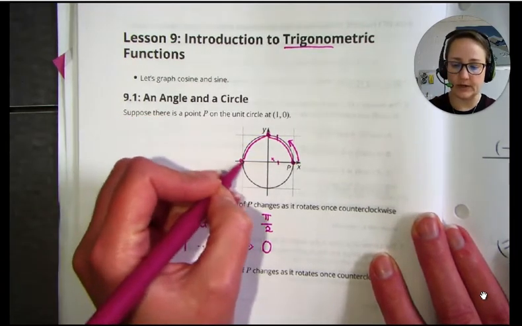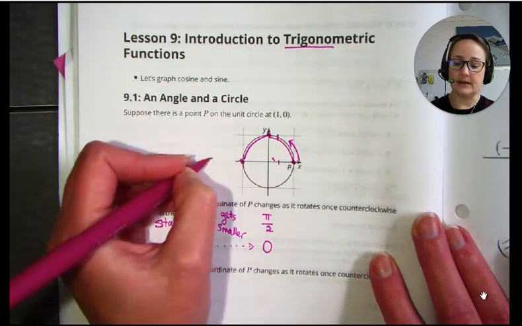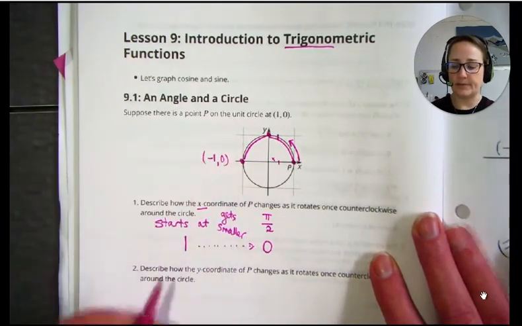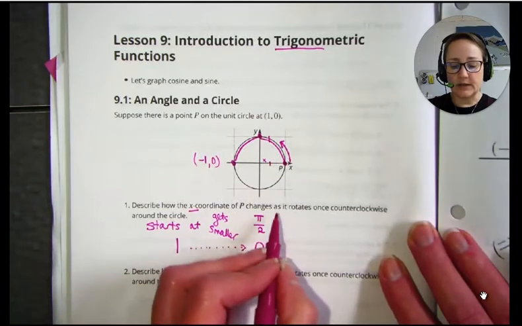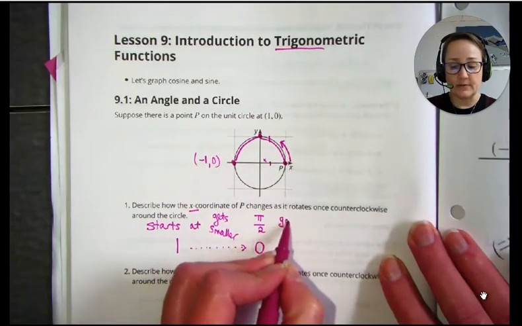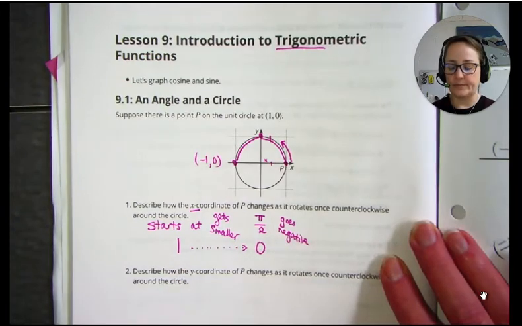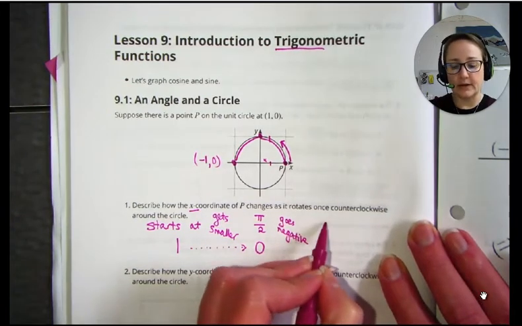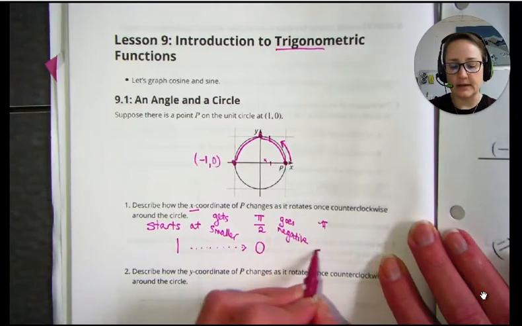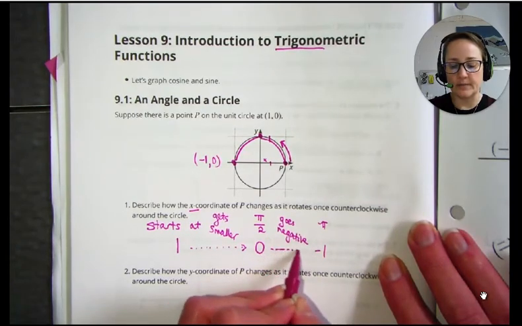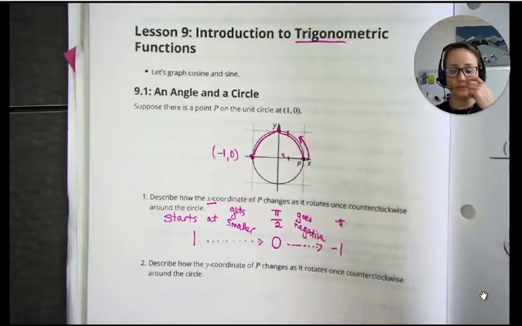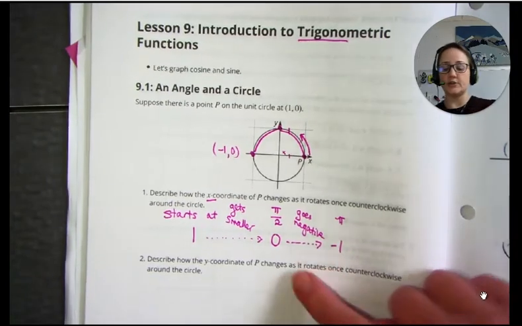Remember, at this point here, it's going to wind up at -1, 0. So it keeps on getting, it goes negative until at pi, it is at a -1. Okay, so it gets to be a larger and larger negative number.